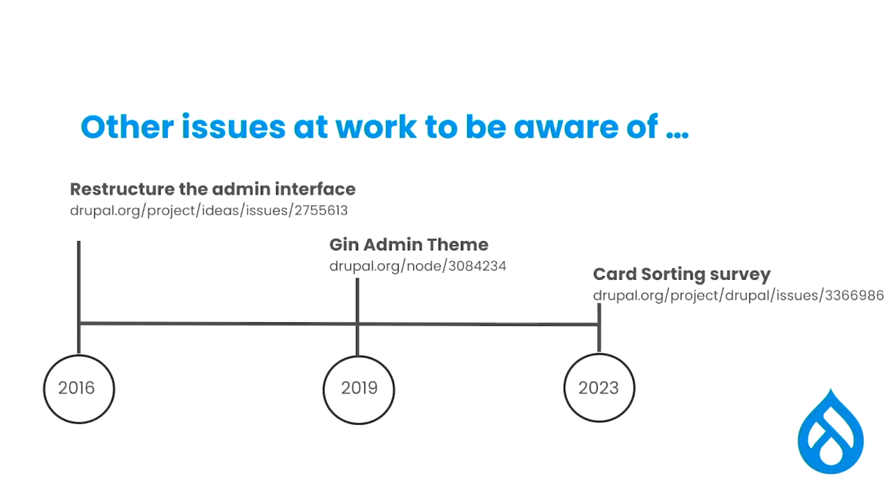And that started in 2016. The Gin admin theme that Billy talked about that we've adopted at Edinburgh, that was an amazing progression, and that started in 2019, again, aimed at improving that experience of interacting with Drupal. And where those two things came together and where I got involved was through a card sorting survey, excuse me.